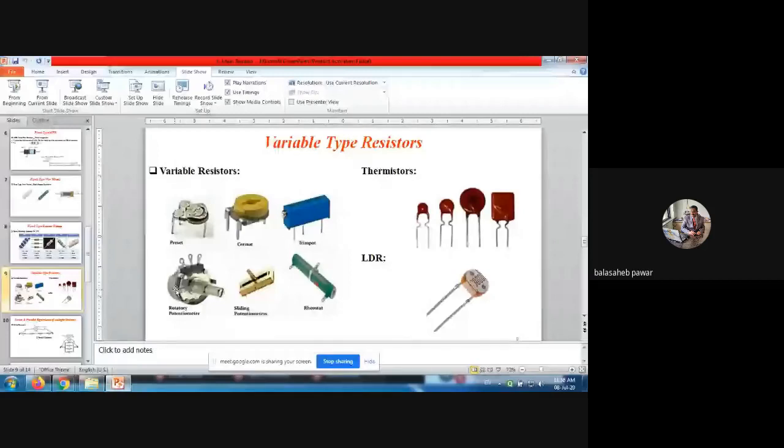Suppose the resistance of both devices, the trim pot and the rotary potentiometer, is 10 kilo ohm. That means it is the maximum resistance provided by these two devices.